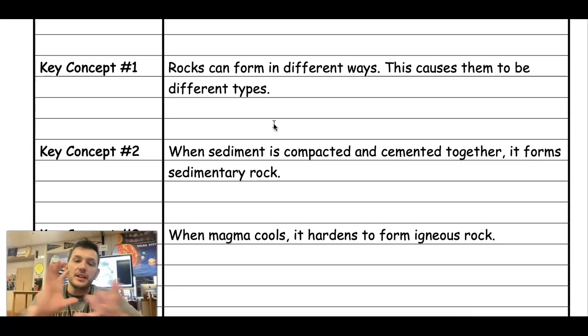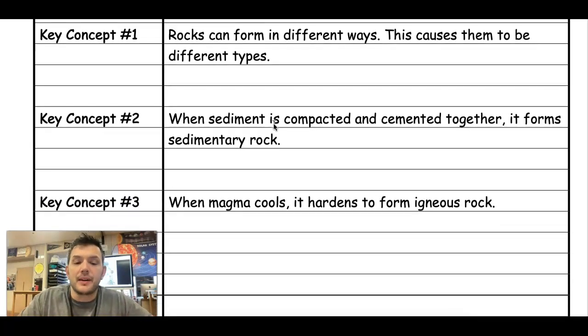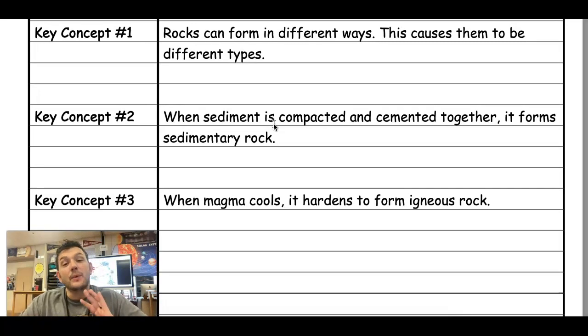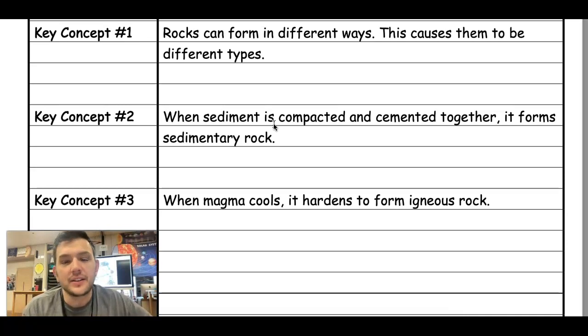So those little pieces, when you get them together, form sedimentary rock. And finally, the third concept is that when magma cools, it hardens and forms igneous rock. So when we watch videos of volcanoes in Iceland or Hawaii or wherever they may be, once that lava cools, that's a new type of rock known as igneous rock.